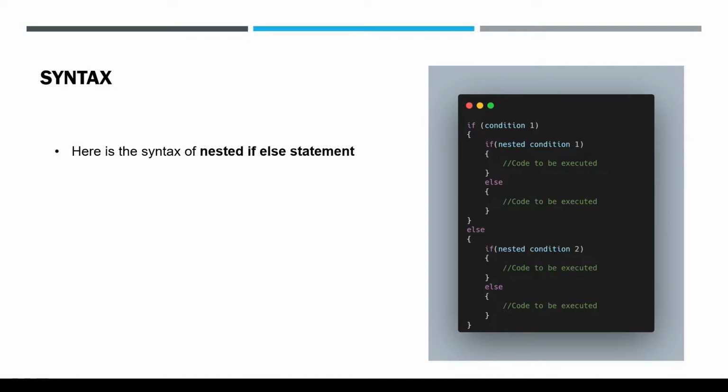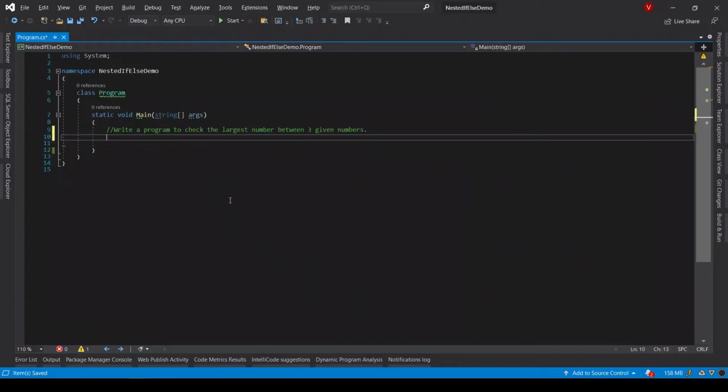So let's understand this with the help of an example. Here I have created a simple console application using .NET Framework. We are going to write a simple program which checks the largest number among three given numbers.